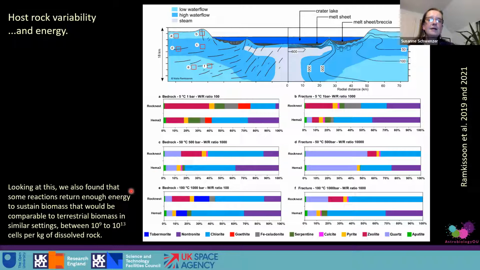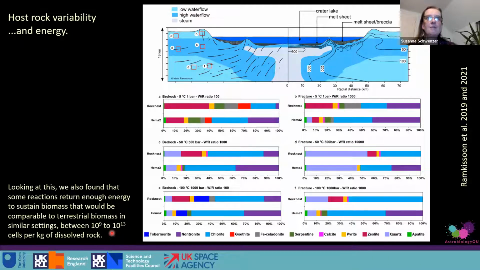And what she then did is she calculated the biomass that you could theoretically sustain, in this case, just from all the reactions involving some iron and some redox change of iron. And you could sustain 10^9 to 10^13 cells per kilogram of dissolved rock.